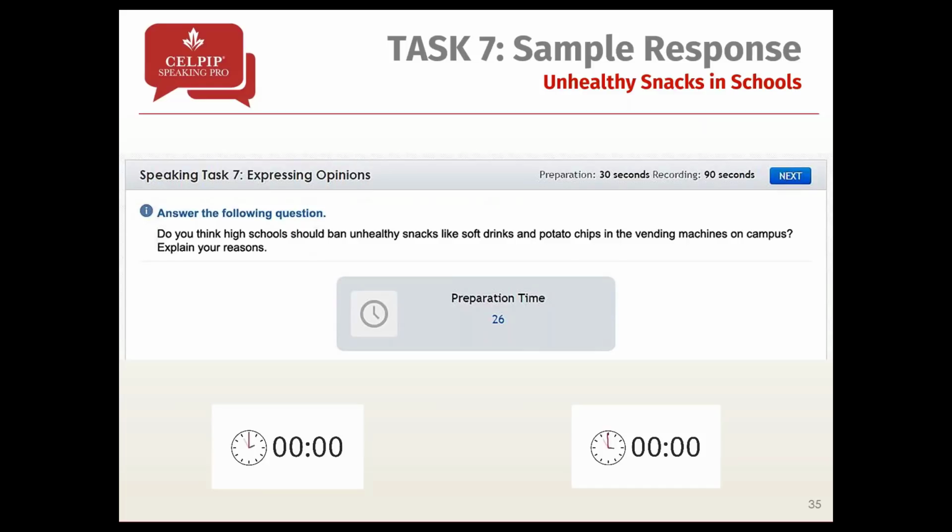I think high schools should definitely ban unhealthy snacks, soft drinks, potato chips, vending machines. These are a disease. These are a poison for our younger generations, and these are the things that are causing all this. The diseases and people being sick, and obesity is one of the biggest diseases that's on the rise right now.